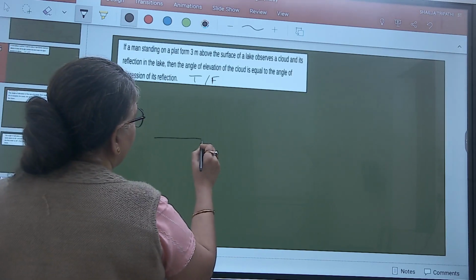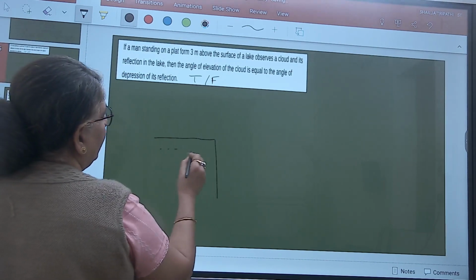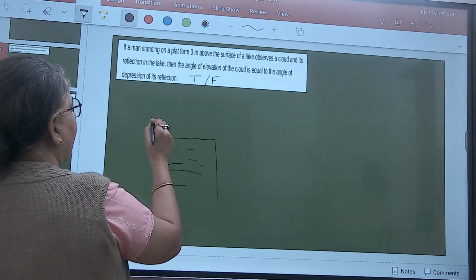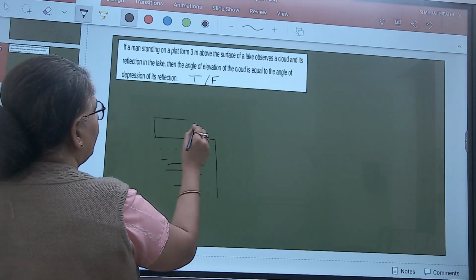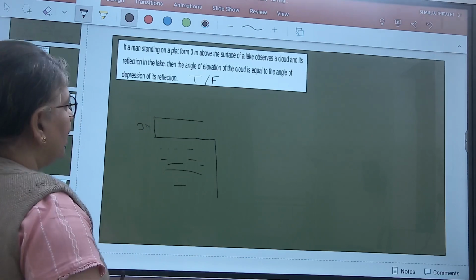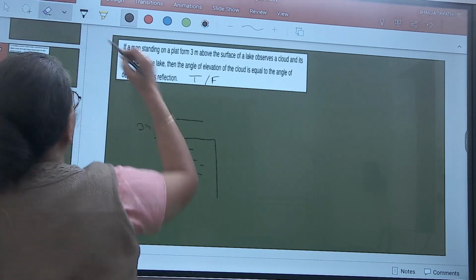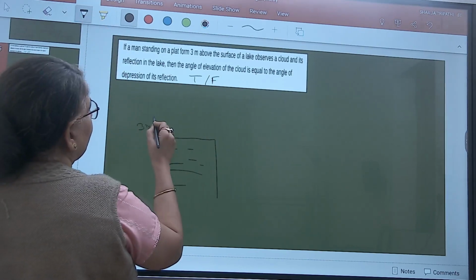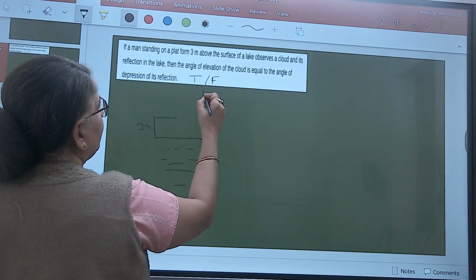If this is the lake and a man is standing 3 meters above it on a platform, he is observing a cloud.